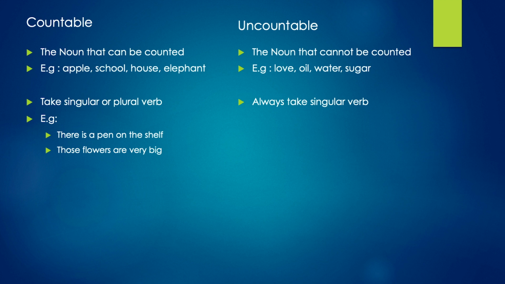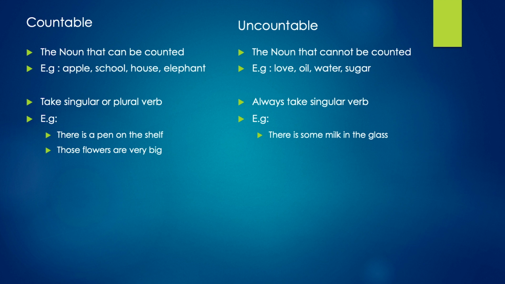Whereas in the next sentence, those flowers are very big. The noun flowers is countable and plural, so it takes a plural verb. However, in the case of uncountable nouns, the nouns always take a singular verb. Like in the sentence, there is some milk in the glass.